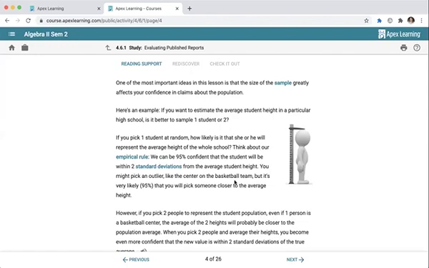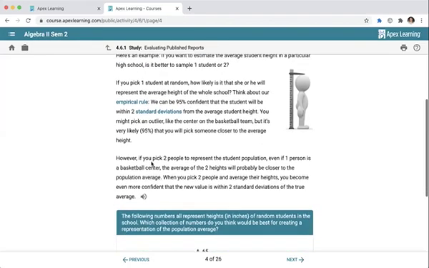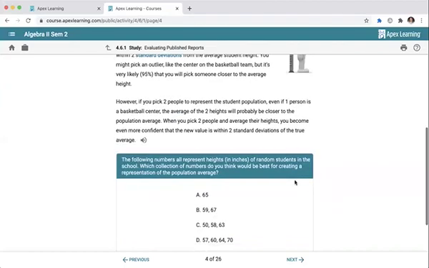Or did you pick an outlier, like a center on the basketball team? If we pick 2 students, even if 1 person is this outlier, the likelihood that the second person is an outlier as well is very low. So that second person is probably closer to our population average. As we pick more people, we become more and more confident that we are getting closer to our average height.